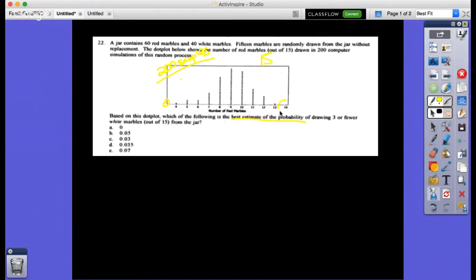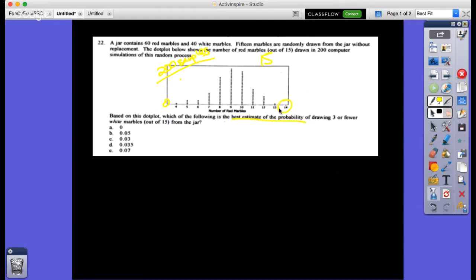Yeah, because if we select 14 reds, that means we have 1 white, right? And I don't think there's a dot there, is there? So would we be looking for 3 or fewer would be what numbers again? It's 3 or fewer, right? So wouldn't it be just 13, 14, 15? No, it'd be 12, 13, 14, 15.